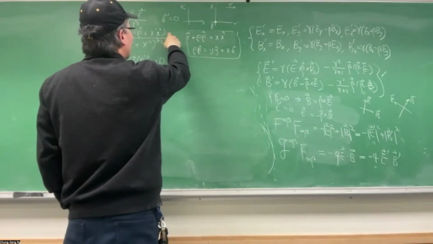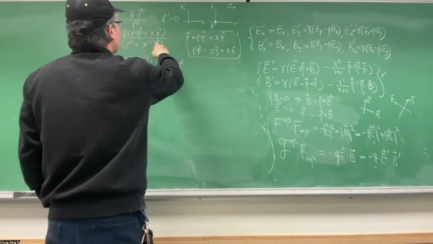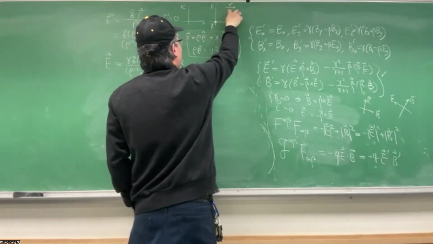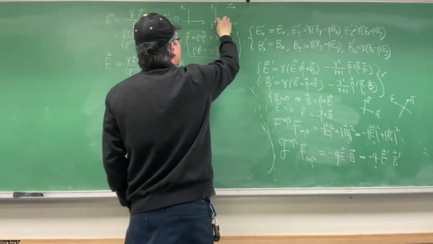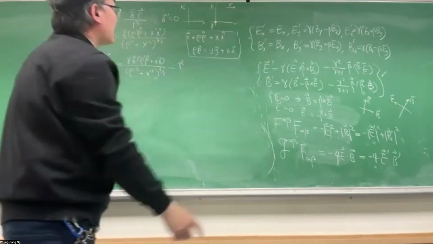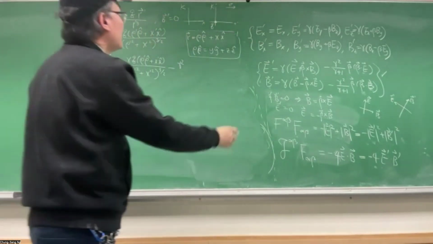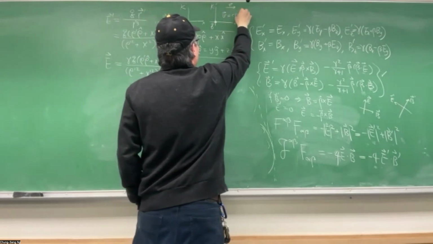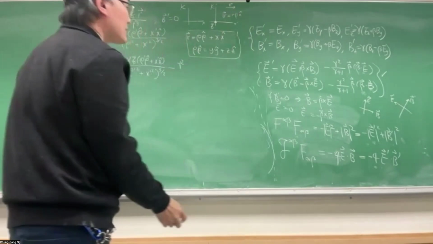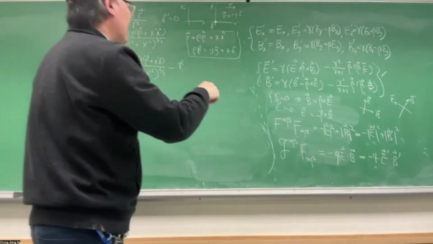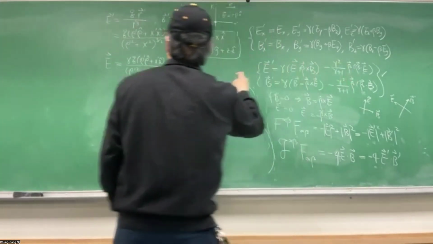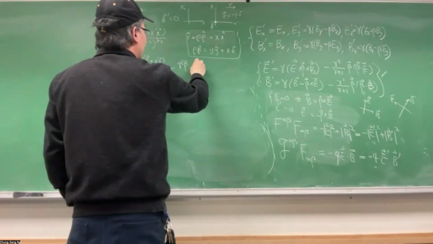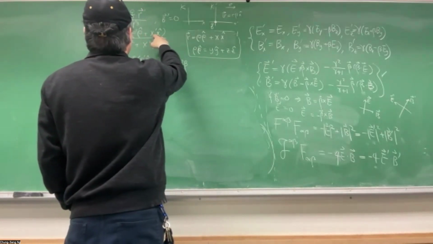And beta, you can use the fact that beta is just the same velocity, because this charge is moving, the whole frame is moving with velocity v, and v is c beta in the x direction. So this is in the x direction. So beta in the x direction, which is just this one.